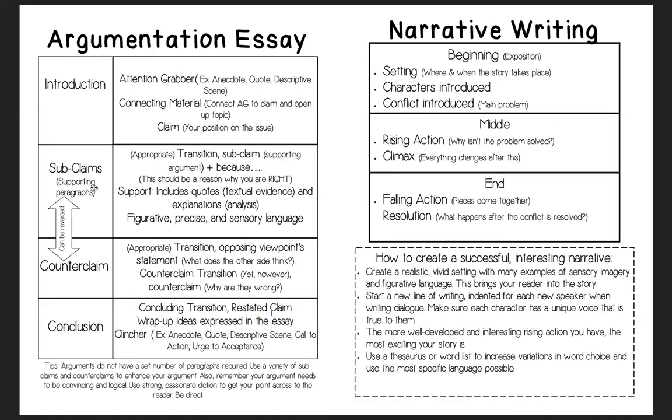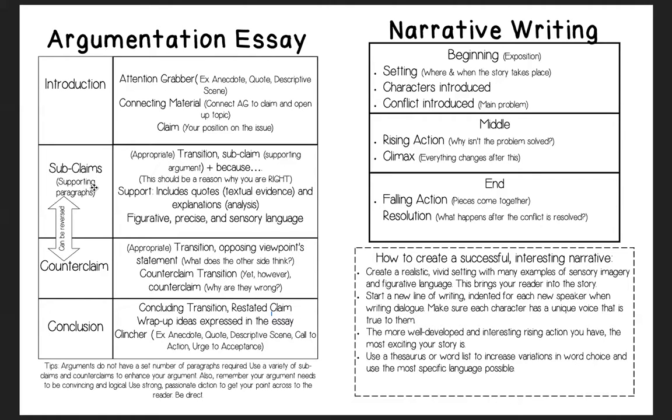Then you move into your subclaim or your next paragraph. So when we're looking at, you guys can write this down. So your first paragraph is your intro, and then your intro has your hook, supporting claims or supporting evidence, and your thesis, right?